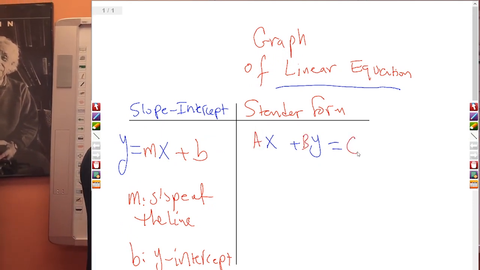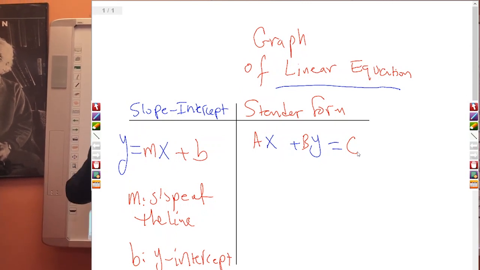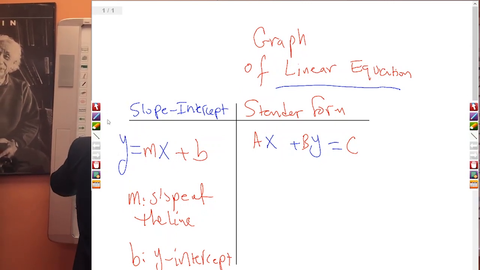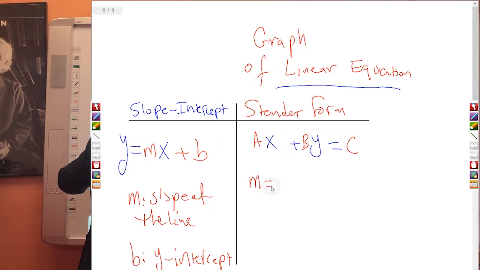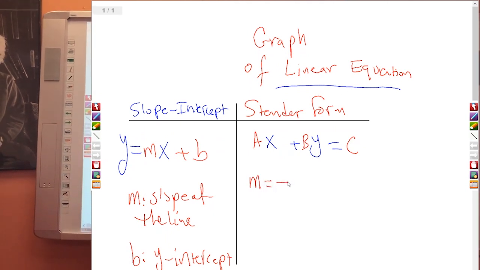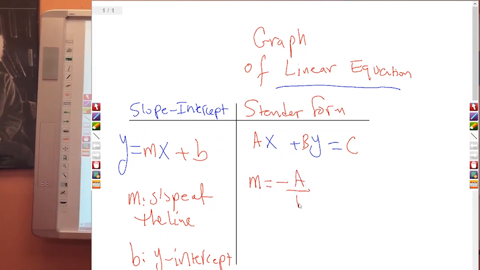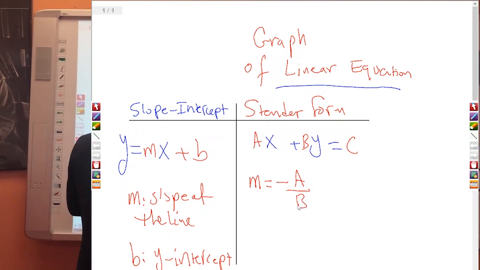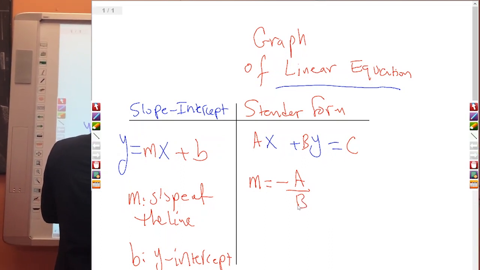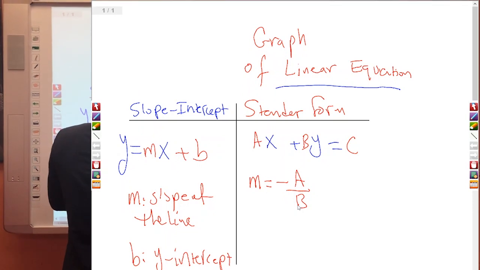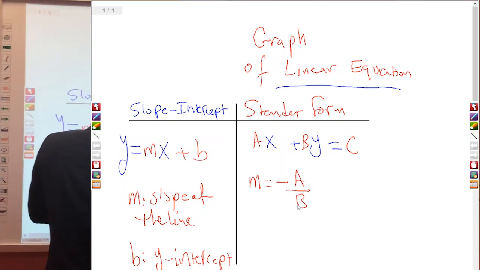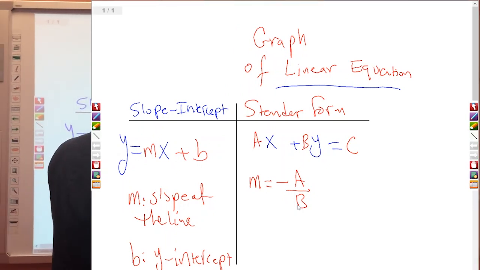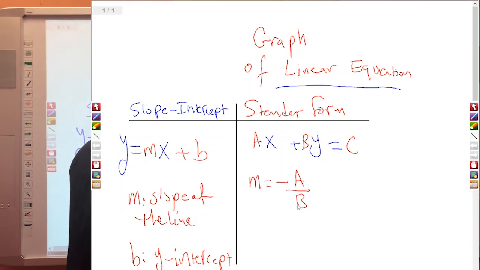This is the standard form. In this case, remember how to calculate the slope very fast, especially for the SAT. m equals negative a over b. All you have to do is go to the x, see what number is with x, take the opposite of that number, and divide it by b, the number with y. That gives you the slope.